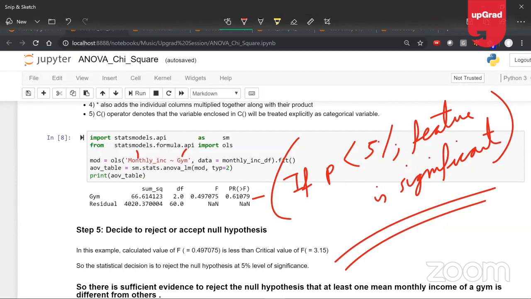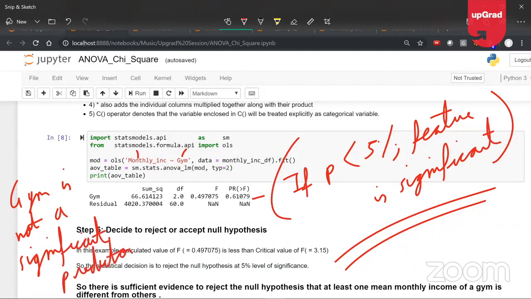That means gym is not a significant predictor of monthly income. That's the way we put this in English. And when it's not a significant predictor, it's like saying gym is not highly correlated with monthly income. If I know the gym of a person, I cannot predict his monthly income. That's the way we look at it.